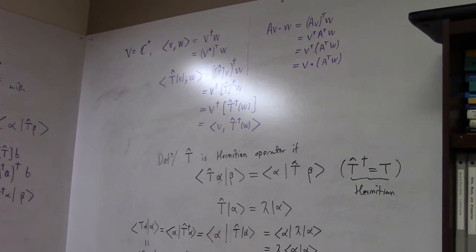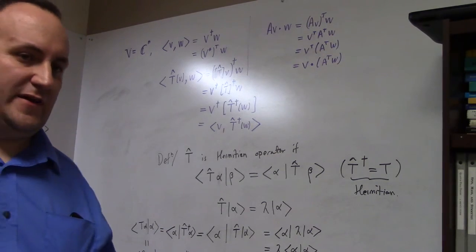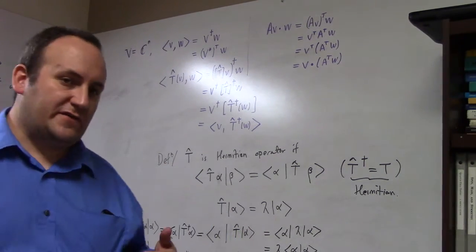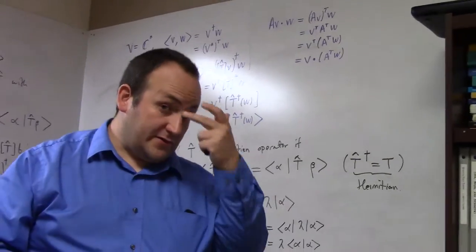If I write this, maybe you can see the connection. The bracket of f and g is the integral of f star of x, g of x dx. There is something new here, because I'm using not just the functions, I'm also using the dual to the functions. If the functions are the vectors, we're also using the dual vectors.